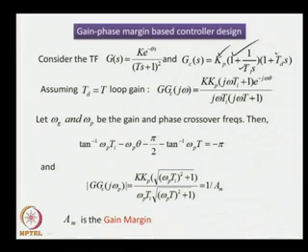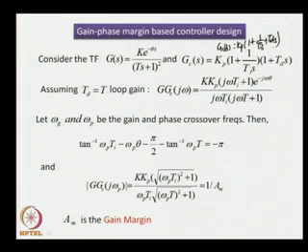This is a series form of PID controller, unlike the parallel form, which can be given as G_C(s) equal to Kp times (1 plus 1 upon Ti s plus Td s).